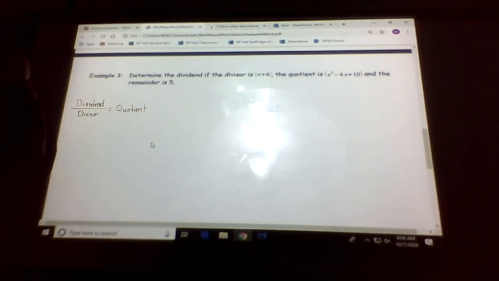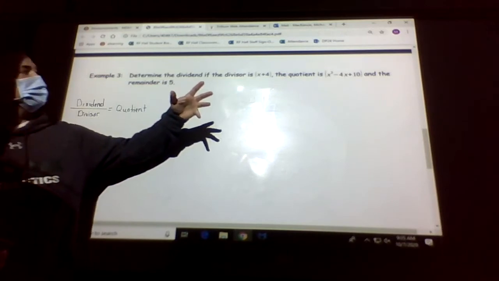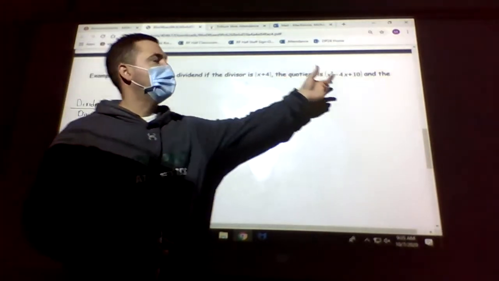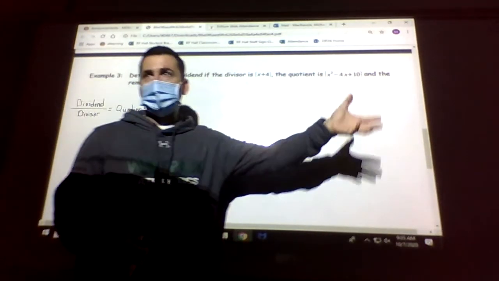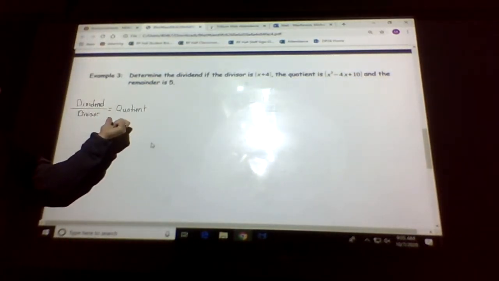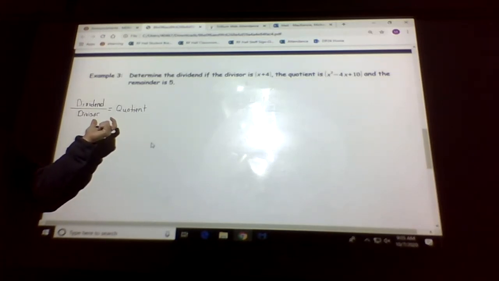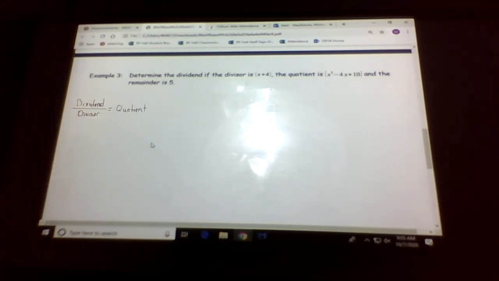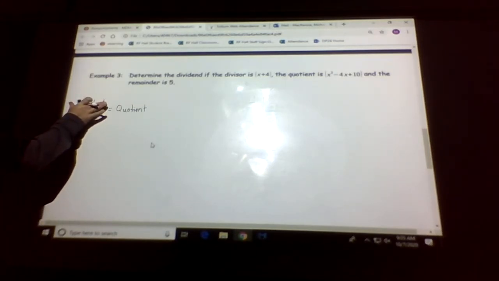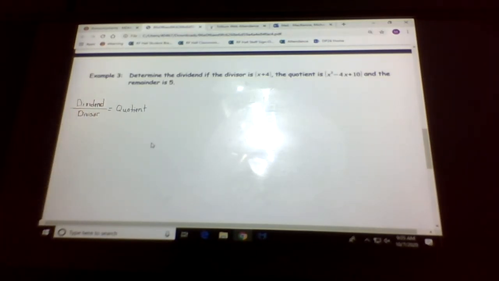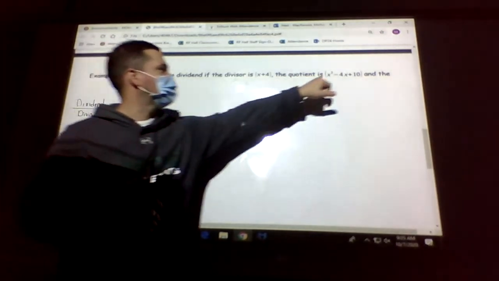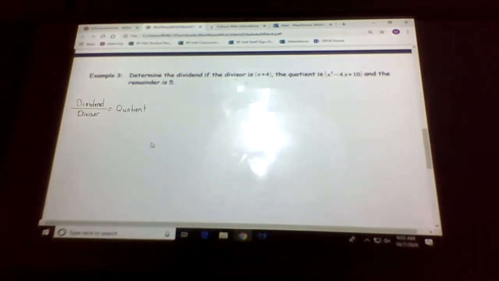But now the question is giving us a divisor, and it's giving us the answer already. So we want to find out what the original expression was. We want to find out what the dividend is. So to find the dividend, what do you think we have to do with the divisor and the quotient and the remainder?